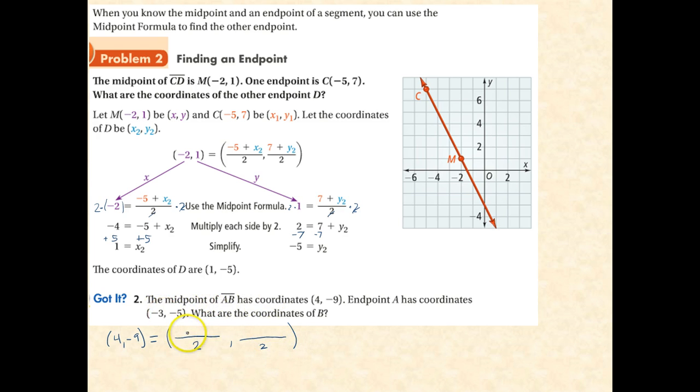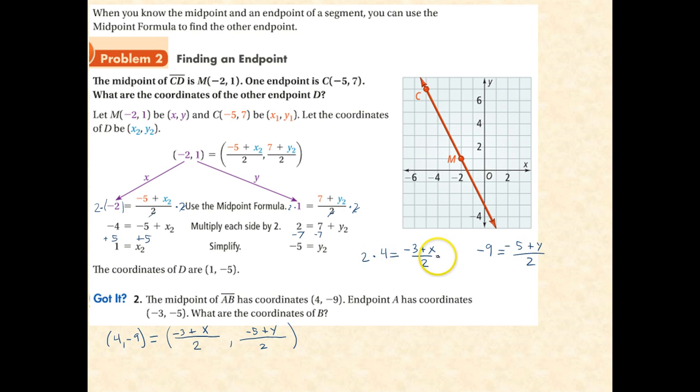So it's going to be negative 3 plus the x value, negative 5 plus the y value. Now I can set up equations. 4 equals negative 3 plus x over 2, and for the y values, negative 9 equals negative 5 plus y over 2.